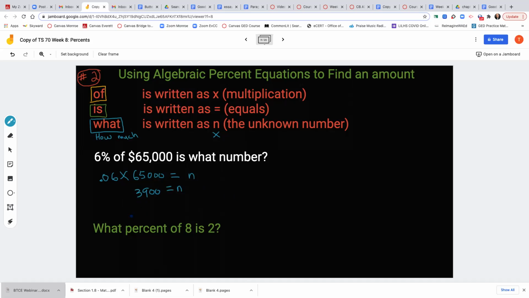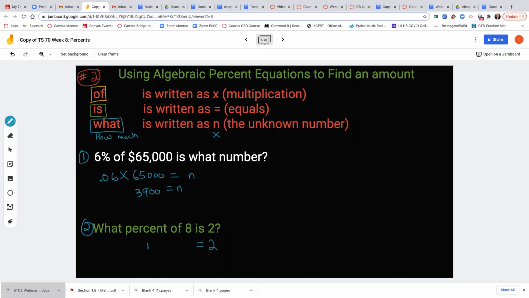Let's do it again. Let's look at this next example. So if this is example 1 here, this will be example 2 here. What percent of 8 is 2? So "is" is the equal sign. What percent, so they want to know this percent here.